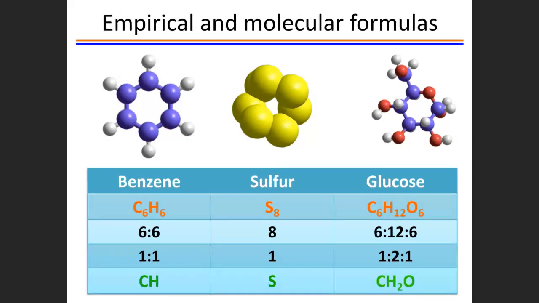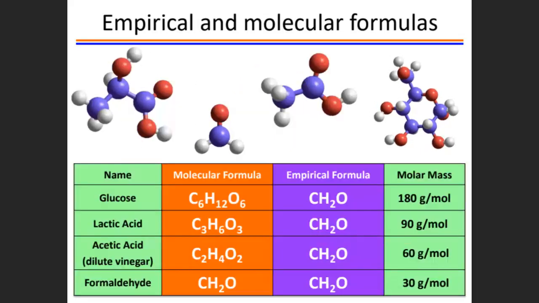So the ratio here, carbon and hydrogen, 6 and 6, means 1 to 1, CH. Sulfur S8, 8 to 1 sulfur. They show the ratio here. So molecular formula and empirical formula. For the empirical formula, we have the ratio, but we don't know the exact formula, so we can find it when we go through step by step.